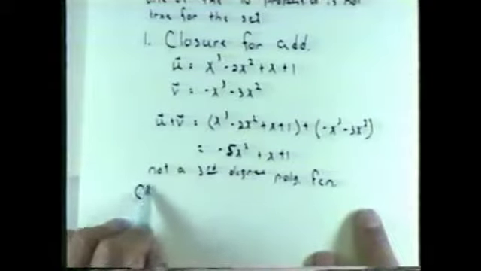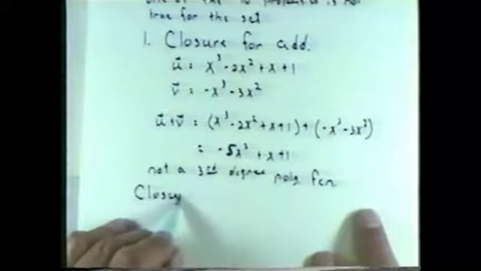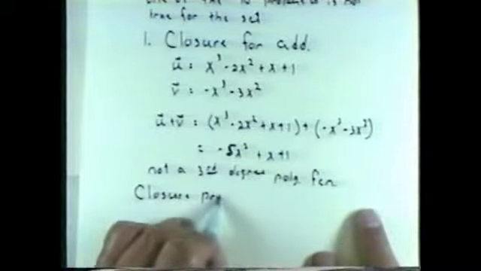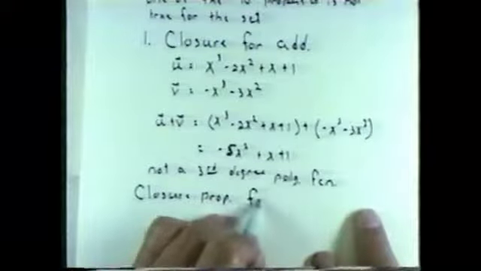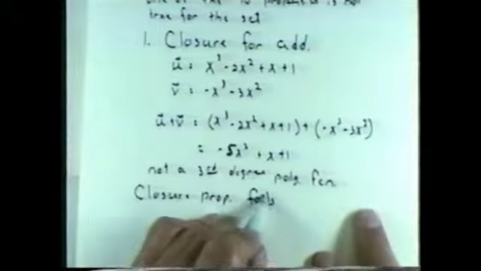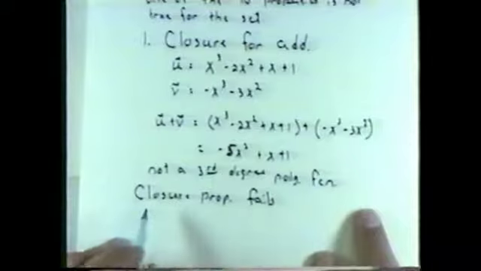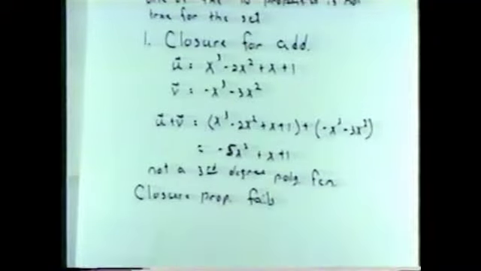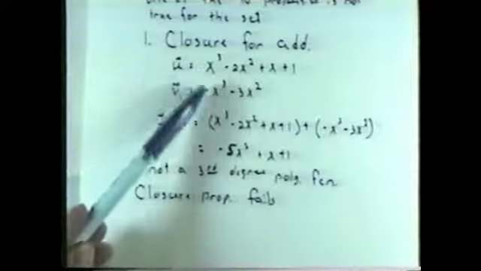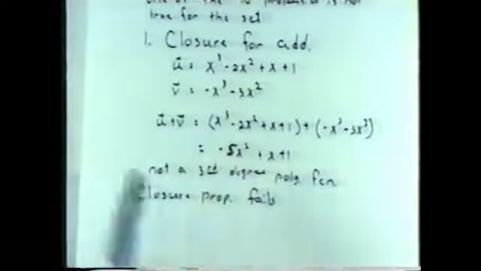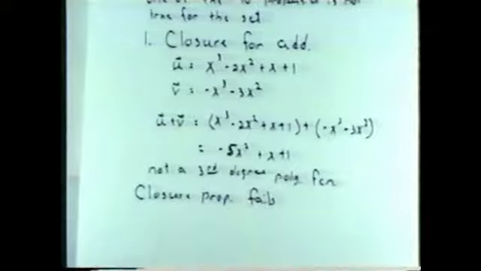So the closure property fails. So we proved that it's not a vector space. The set of all polynomial functions of degree 3 is not a vector space because they're not closed. I can add two third degree polynomial functions and get a second degree polynomial function.